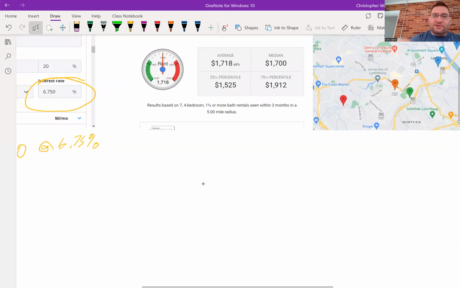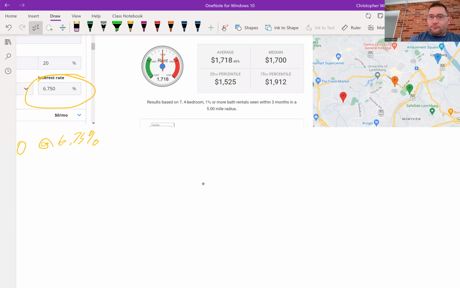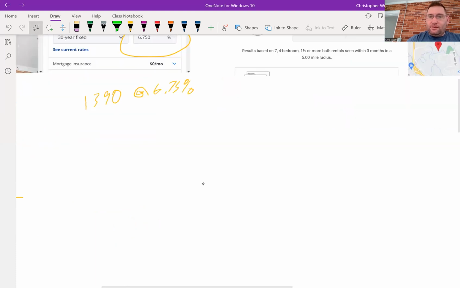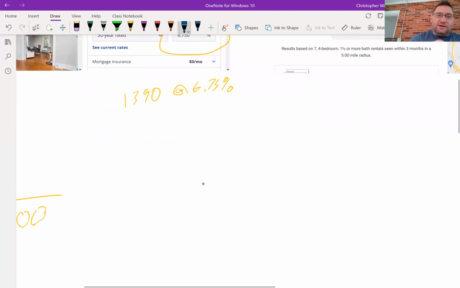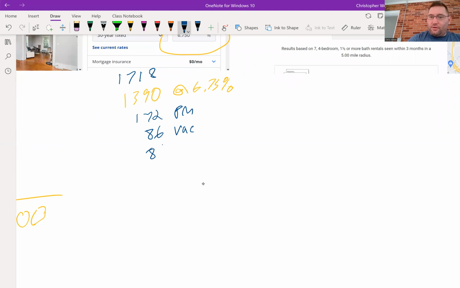We're going to use the average income here of 1718. And then we're going to assume the 172 for property management, the 86 for vacancies, the 86 for CapEx.